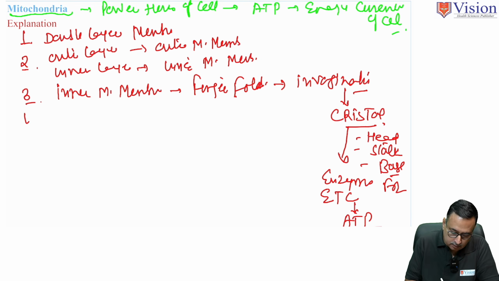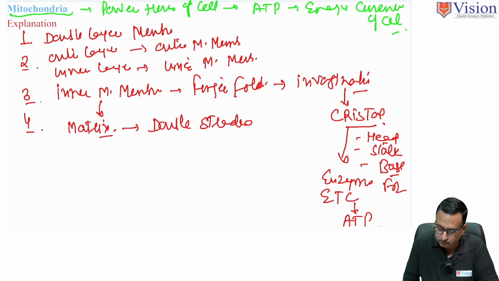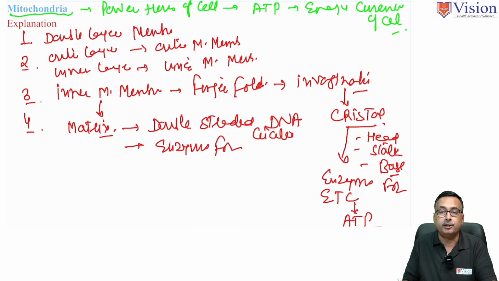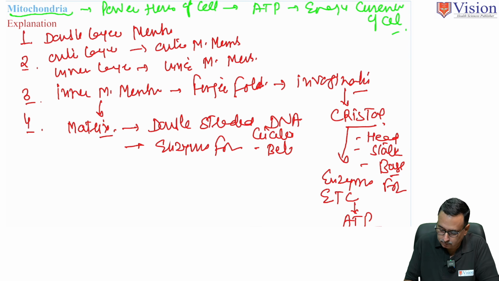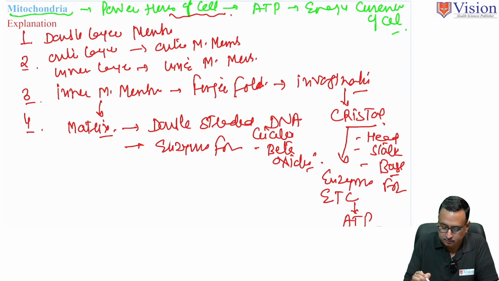Fourth component, inner to the mitochondrial membrane, the mitochondria contains a matrix, which has double stranded DNA, which is circular in nature, plus it contains enzymes for beta oxidation. And regarding function, I said it is the powerhouse of the cell.